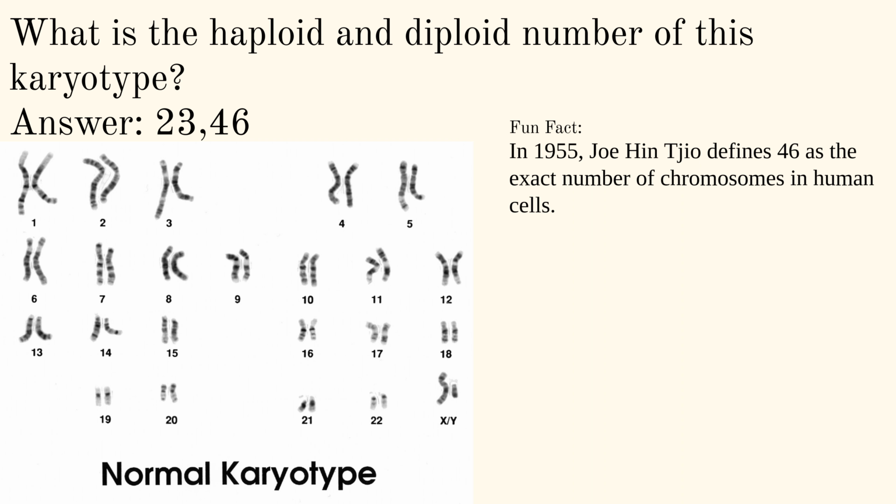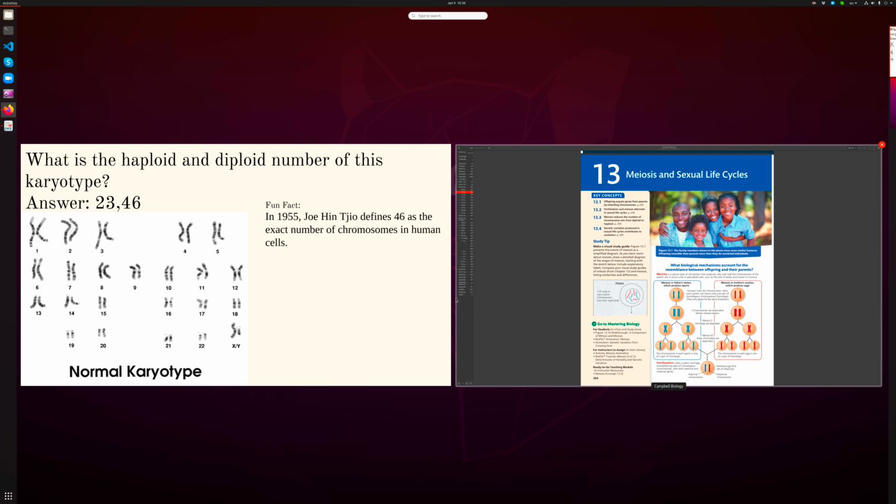Okay, so before we proceed to the next slide, on page 257 in the 11th edition, there is an important figure that we will talk about now. So here we have those red chromosomes, the maternal set of chromosomes. In this organism, the haploid number is 3 and the diploid number is 6.